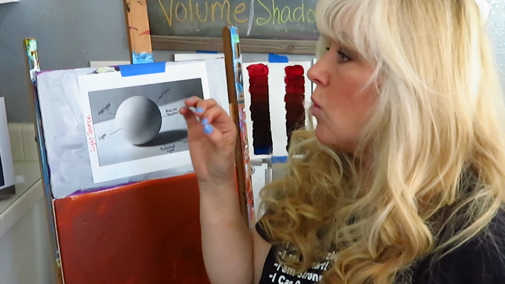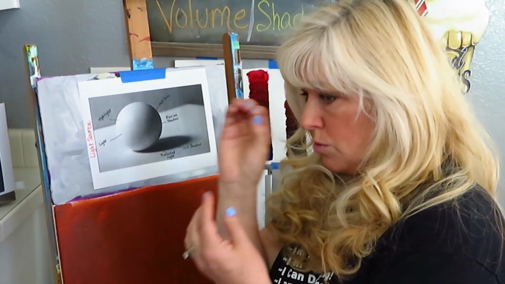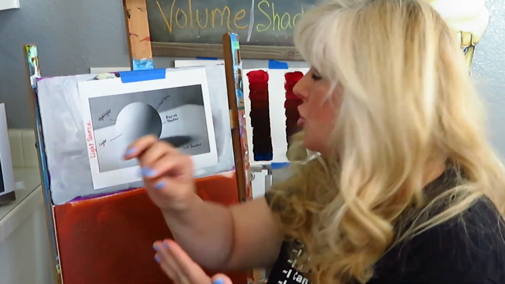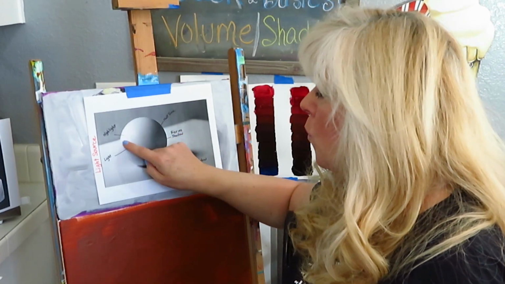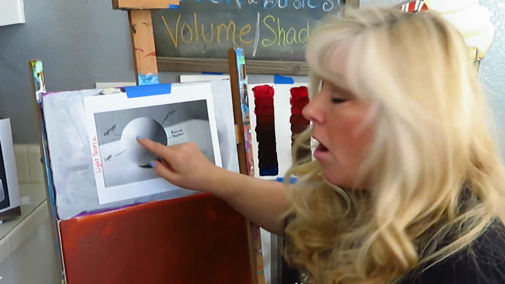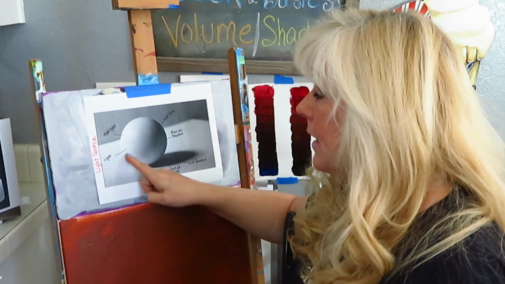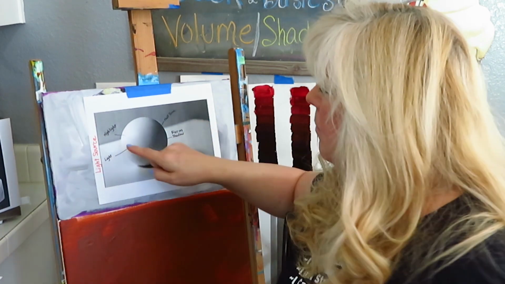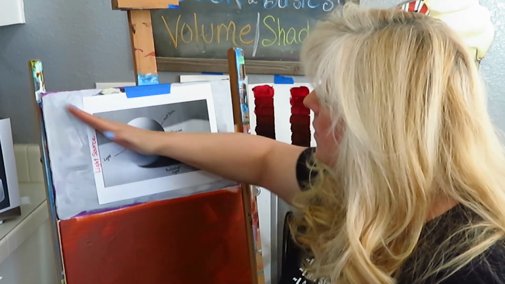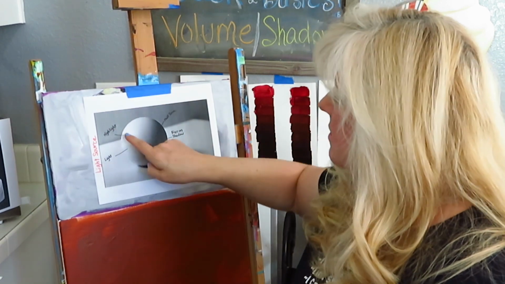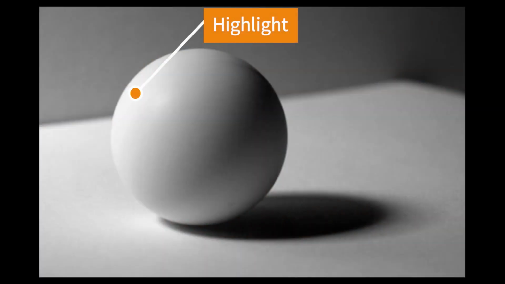That is something you have to really pay attention to, because there's going to be a bright white area on the sphere. It's pretty clear that the light is coming from this direction, because this is the highlight right here, the whitest part of the sphere.